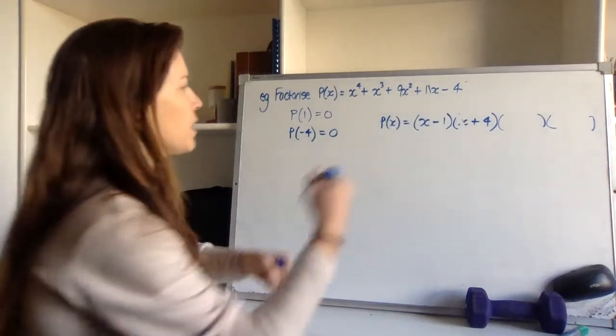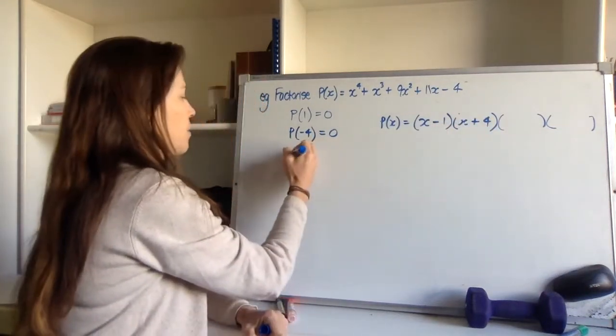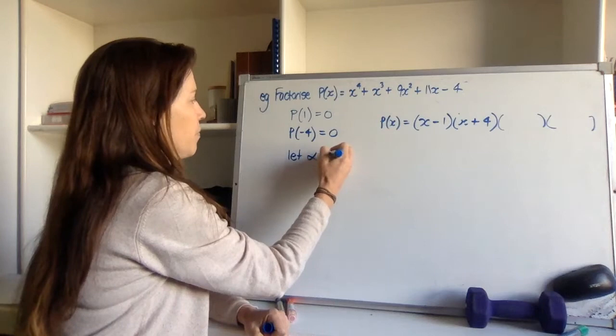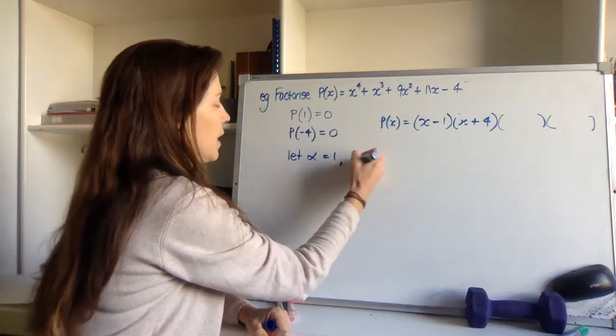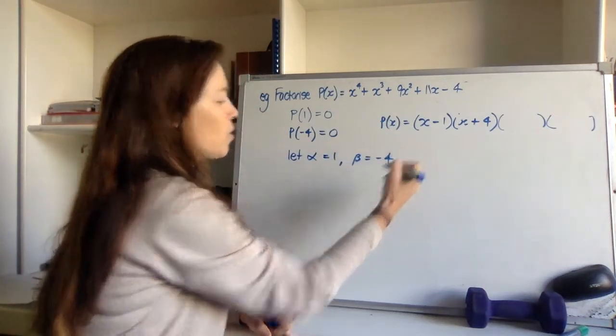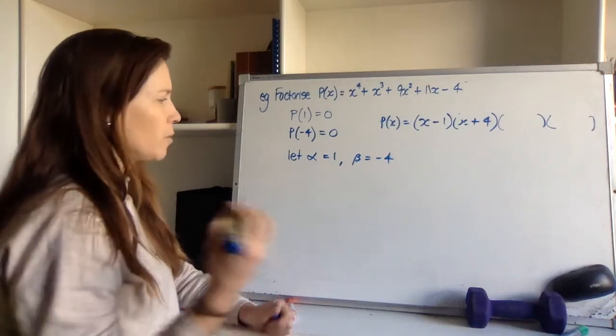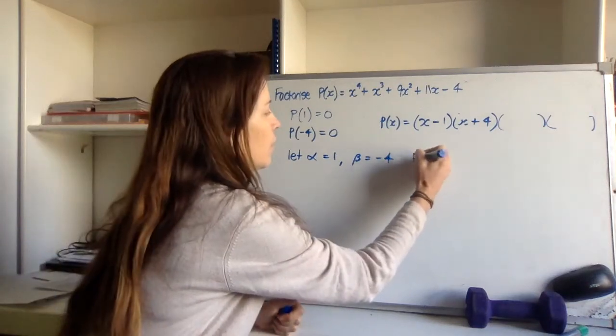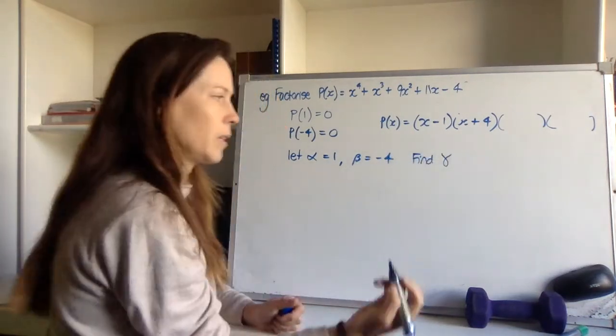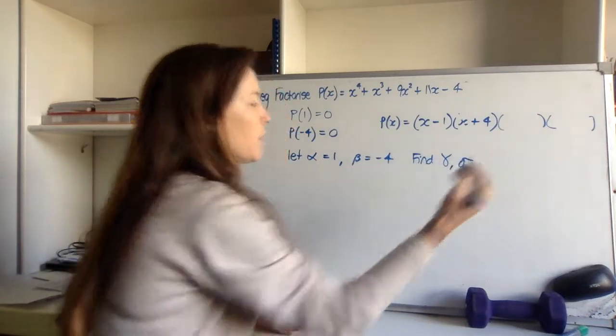So if I've already found two of the zeros, let's say we can let alpha equal 1 and beta equal -4, then the other zeros will be gamma and delta.